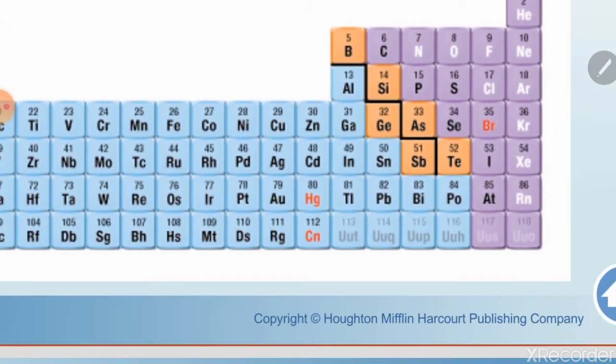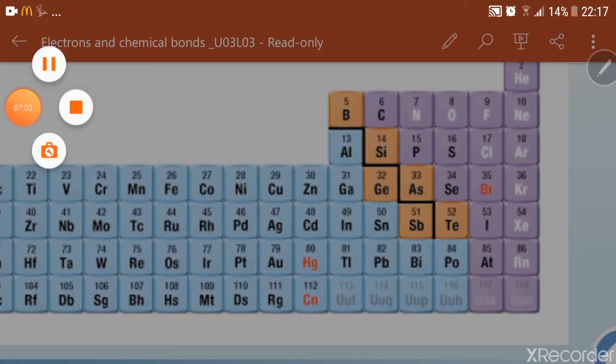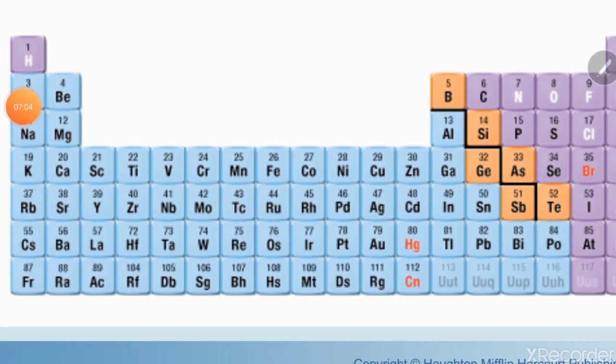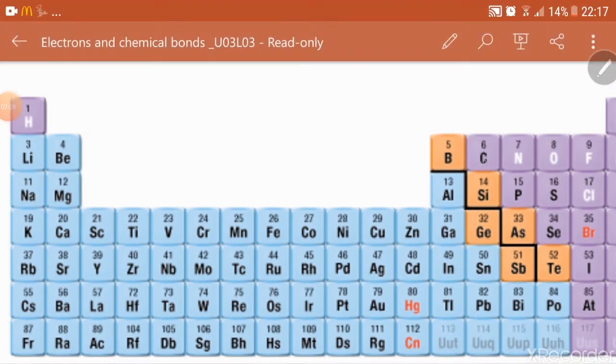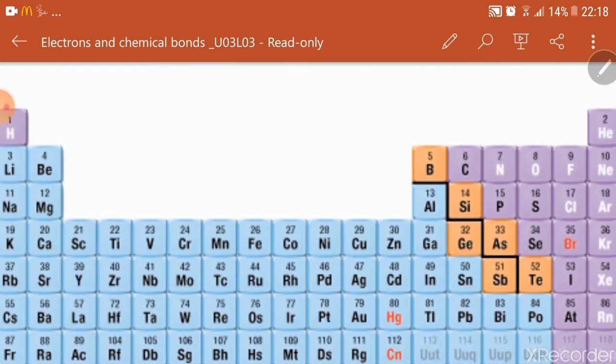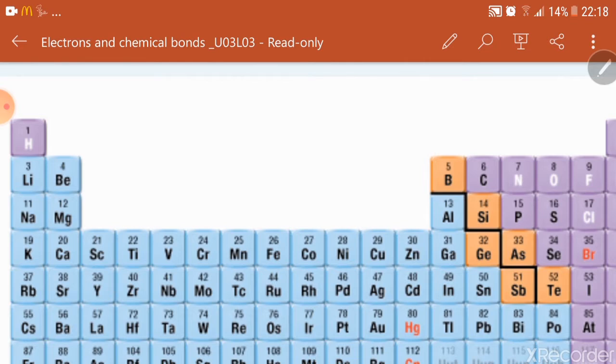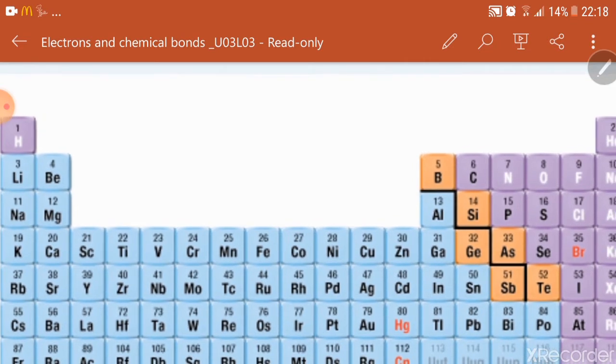As you see, here are silicon and germanium, in the period number 16.